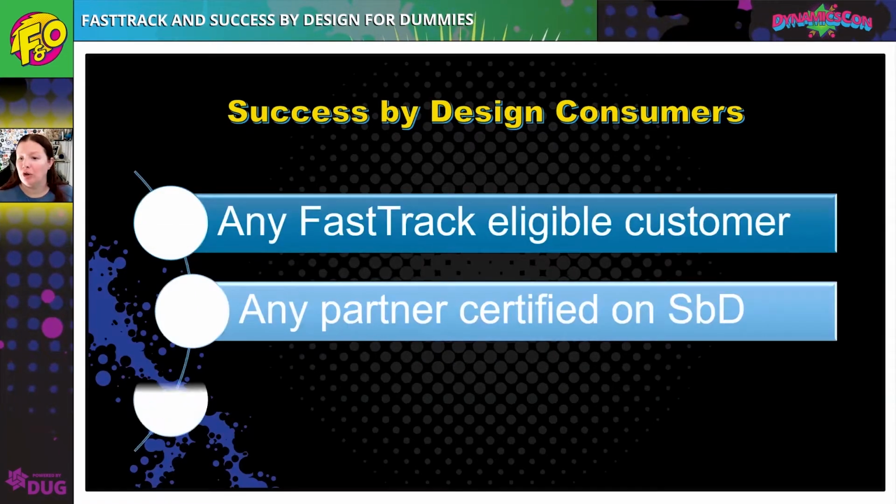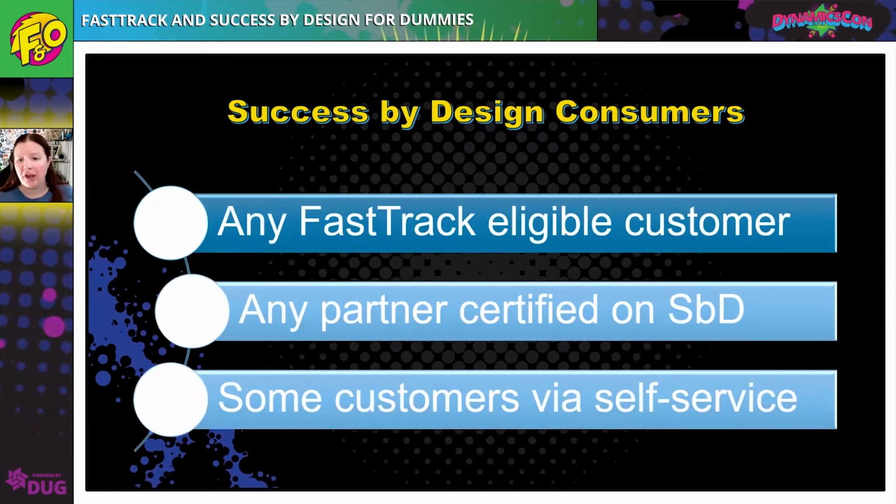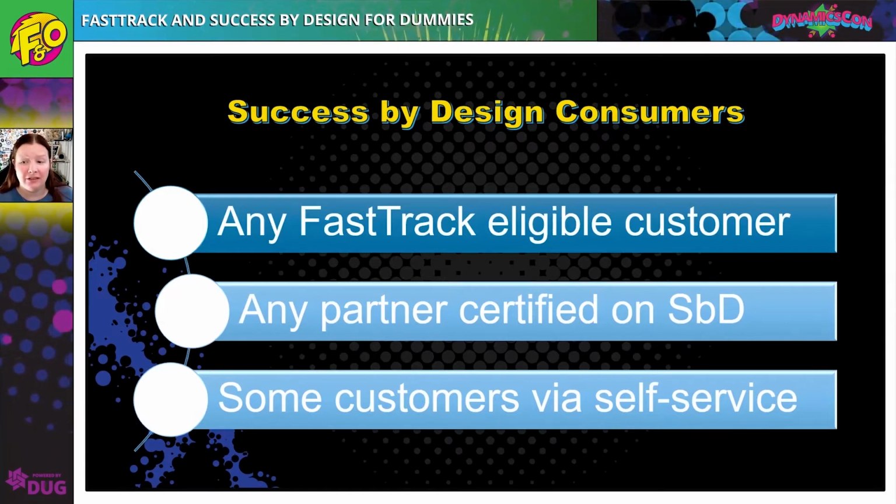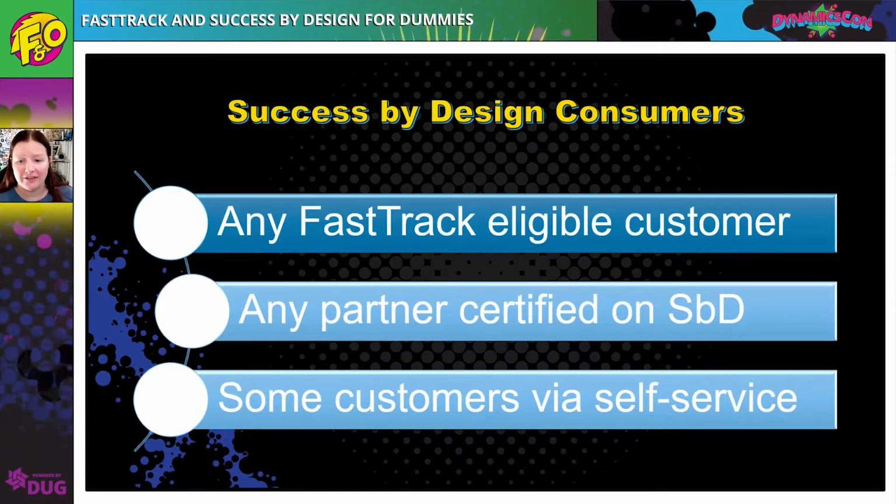Any customer who is eligible for FastTrack will have access to the Success by Design framework after they are nominated and go through the onboarding process. In order to receive FastTrack benefits, you will be required to complete the solution blueprint review process.